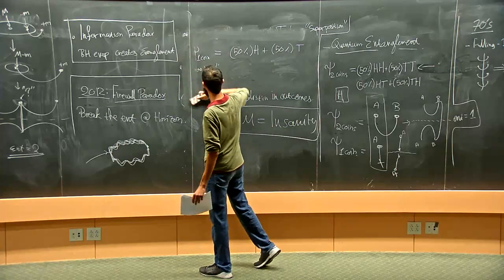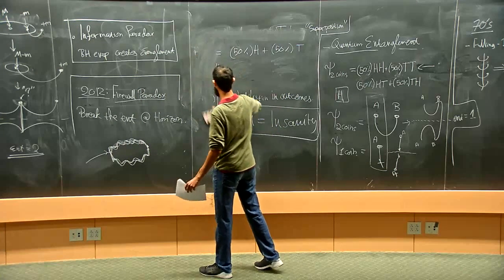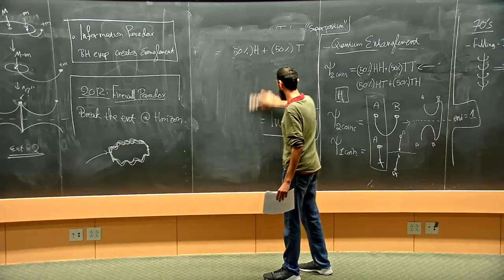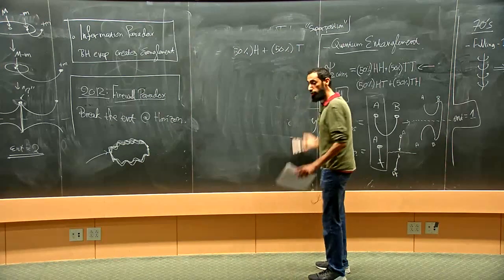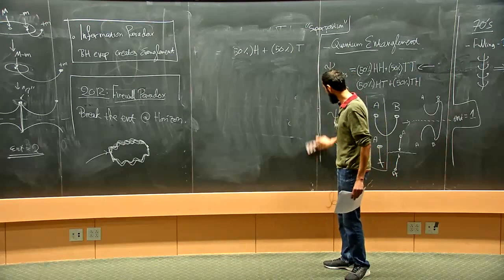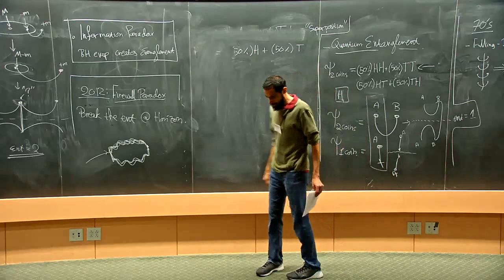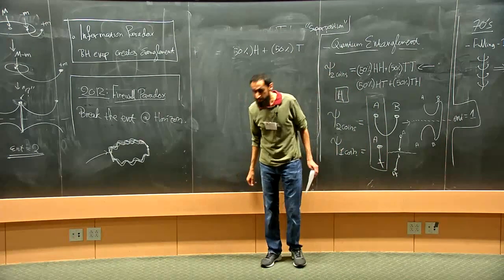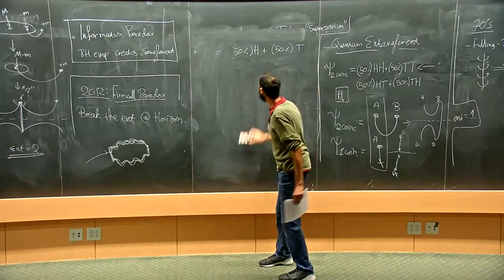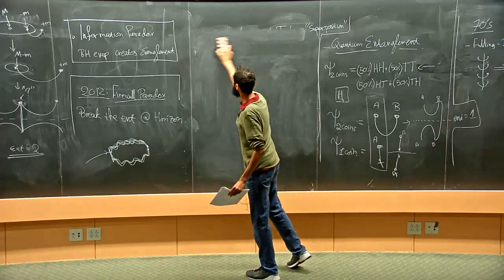Doesn't this bring into question the whole premise of entanglement in the first place? It's a really good point. So your whole argument for entanglement, honestly speaking, sounded sort of like hand waving.